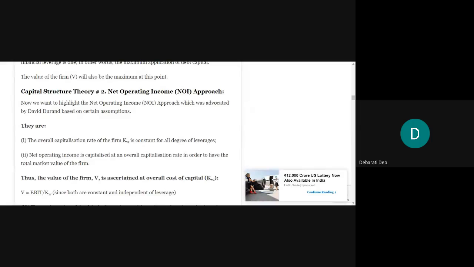Now we want to highlight the net operating income approach, which was advocated by David Durant based on certain assumptions. At the very beginning he set certain assumptions, and based on those assumptions the theory has been formulated.